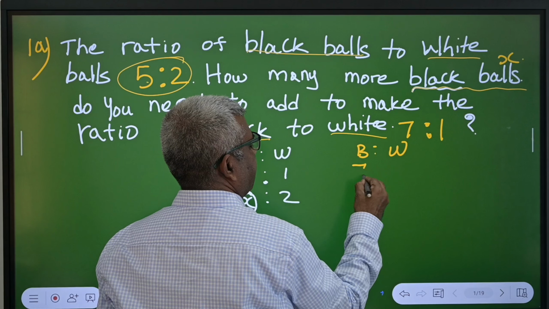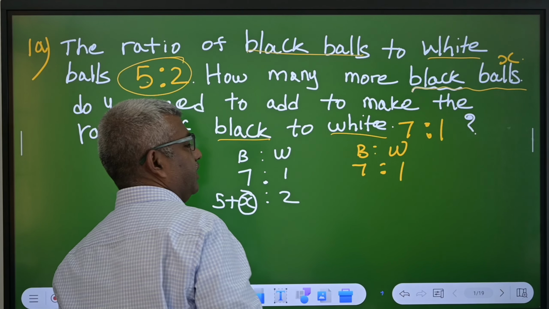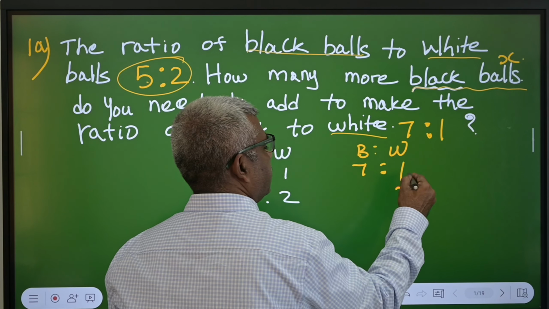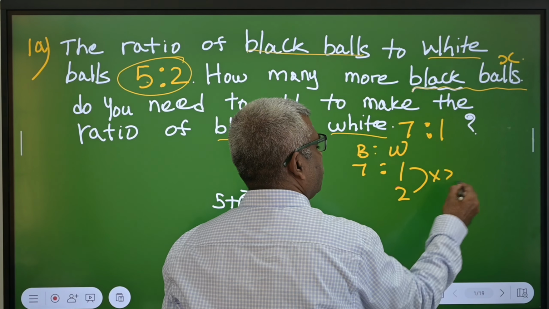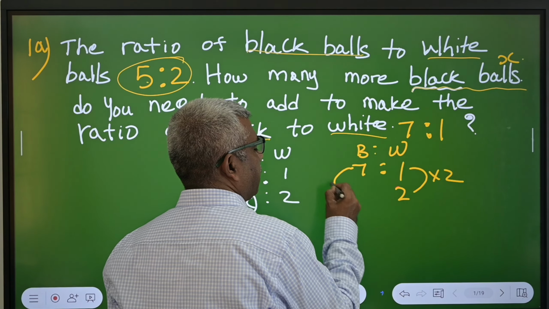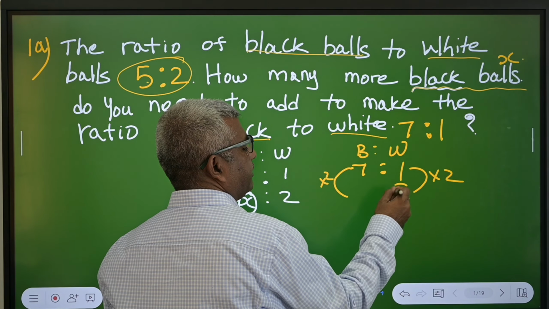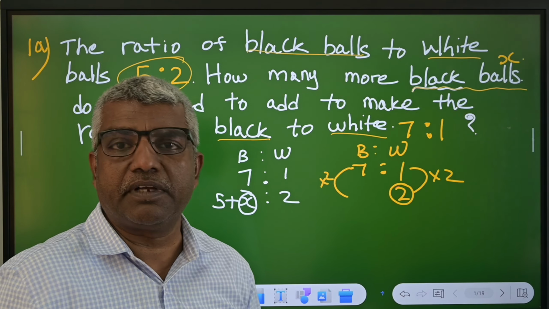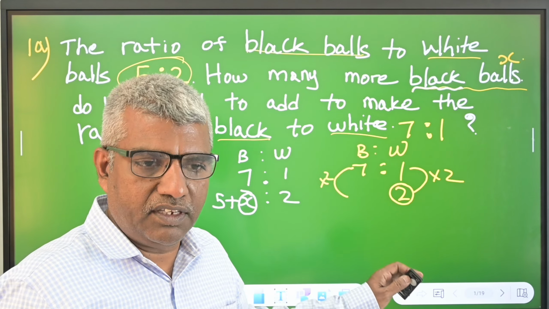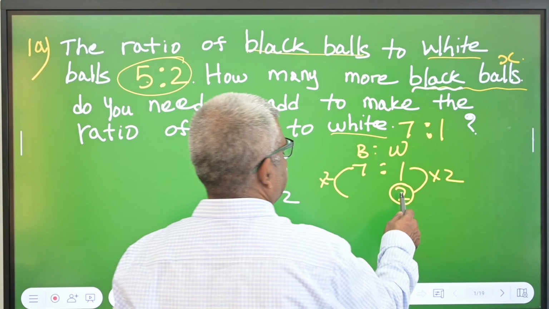Black, white, 7:1. Here you are multiplying by 2, so here also you have to multiply by 2. Why am I keeping this one as it is? Because here no ball is added, so keep as it is.